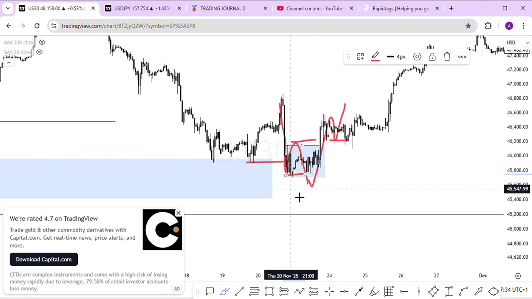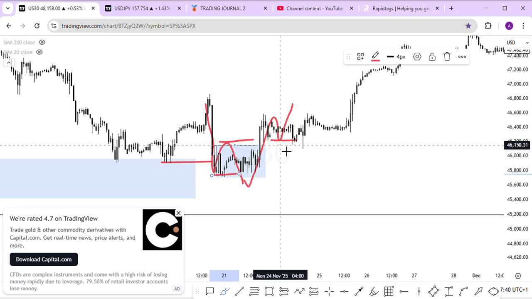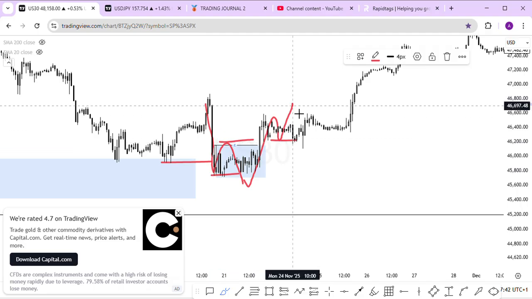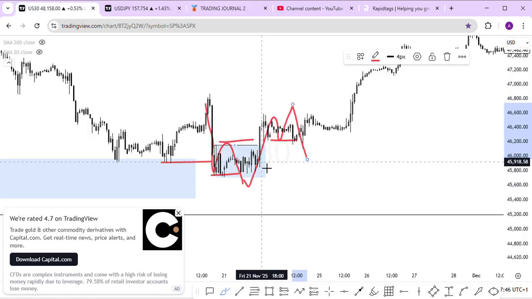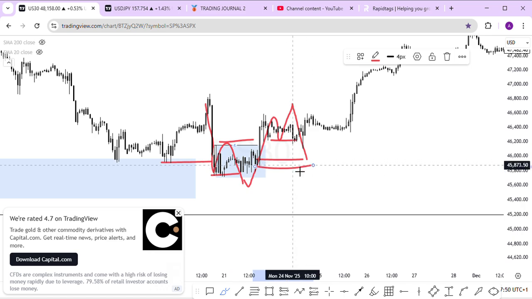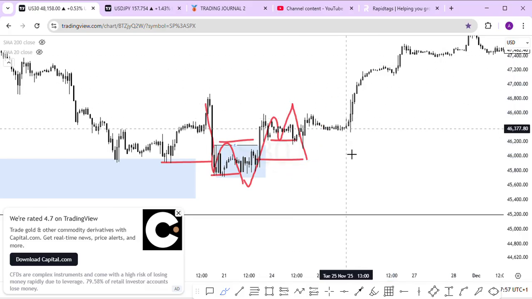If market sweep this low or close below it, whichever one, you need an inducement and you wait for market to come down below here, then you can execute your trade. Probably if you have an order block here and target the next level. So these are ways to do it.